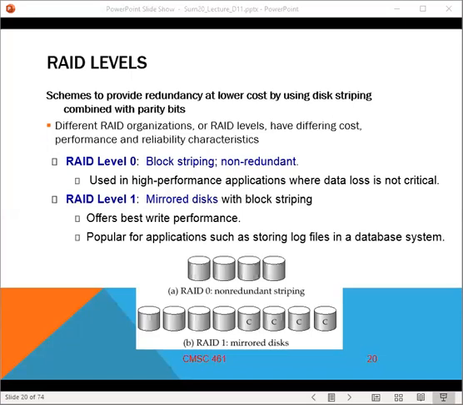So if we lose one drive, we still have the ability to use its complement in the set of mirrored disks. So the write time is longer for this, and it's the longer of the 2 parallel writes. Most accesses, however, are reads, and so it doesn't really have a big penalty there.